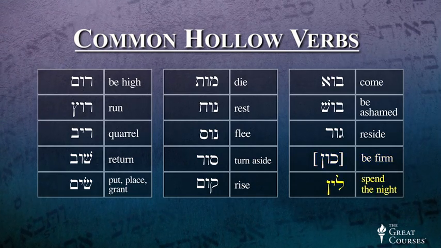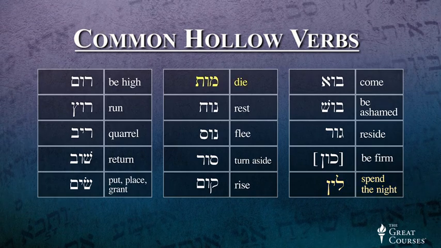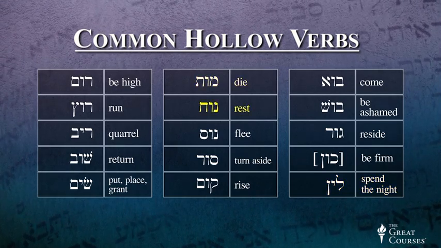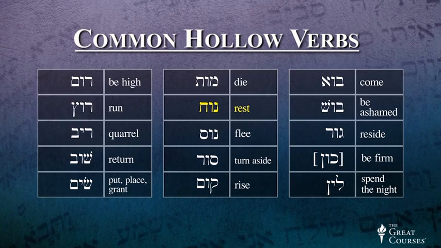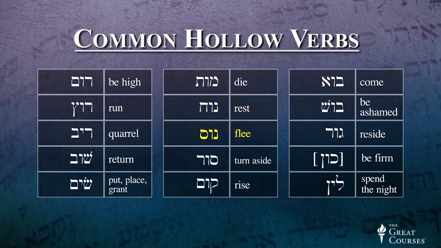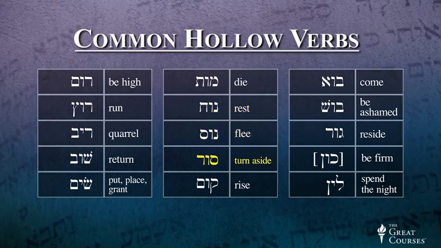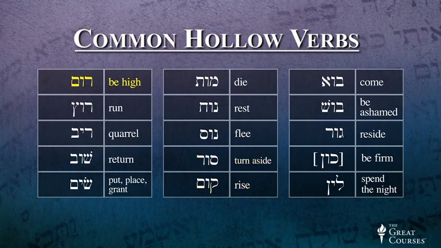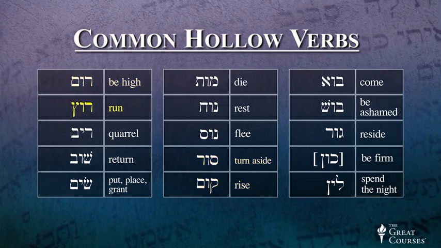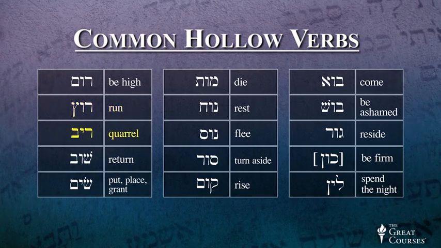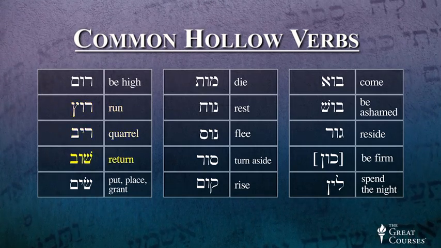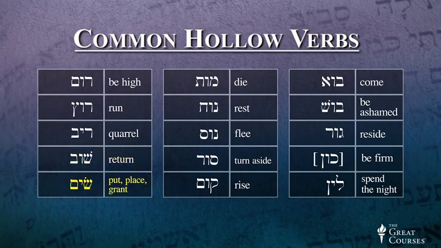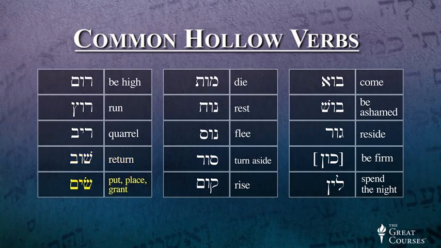Lin, to spend the night. Mut, to die. Nun vav chet, to rest. Nus, to flee. Sur, turn aside. Kum, rise. Rum, to be high. Ruts, to run. Riv, to quarrel. Shuv, to return. And sim, with a sin, to put, place, or grant.